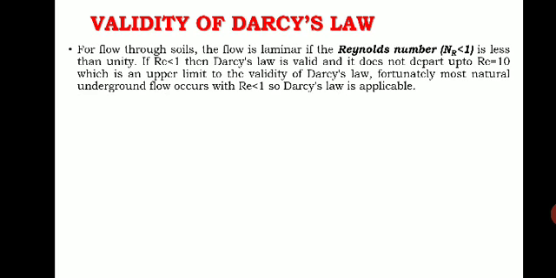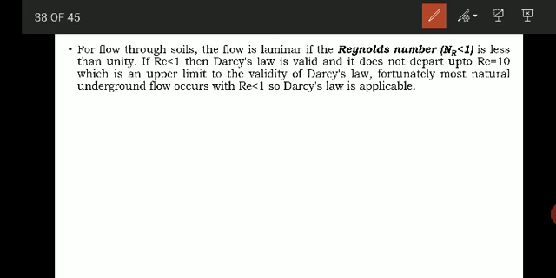The flow through soil is laminar if the Reynolds number is less than unity. If the Reynolds number is less than 1, then Darcy's law is valid. What happens if it is more than 1?